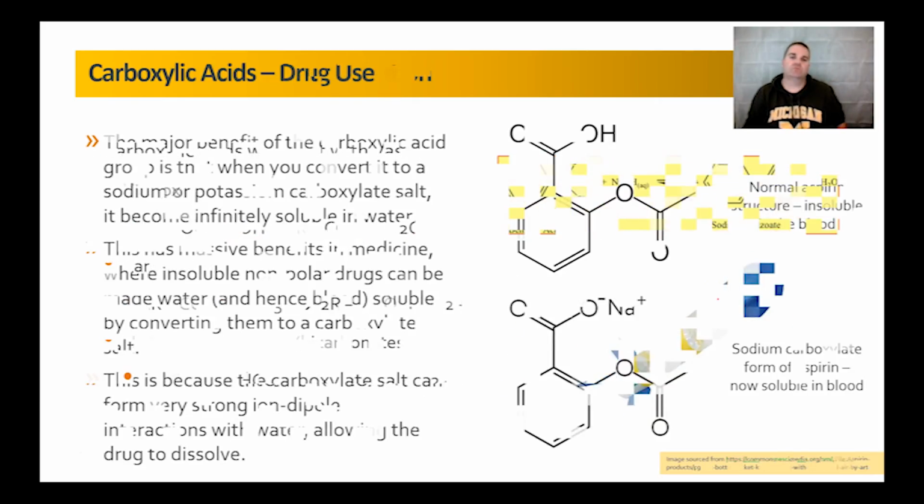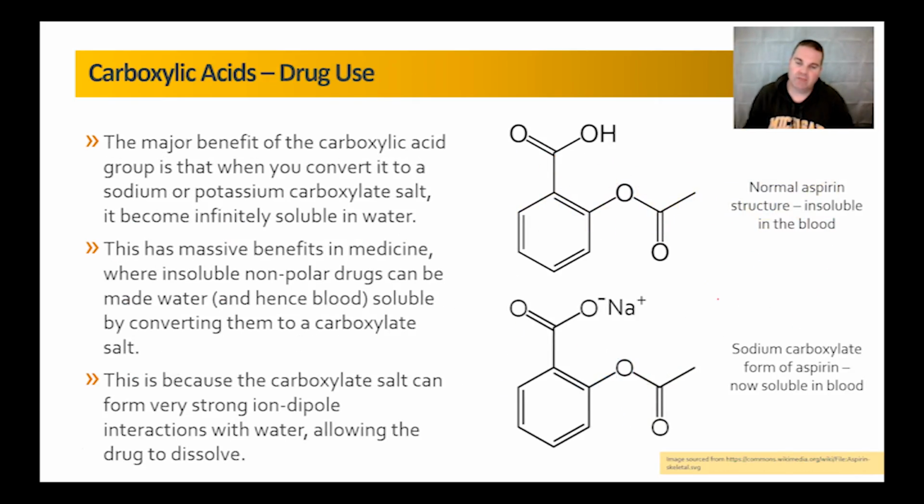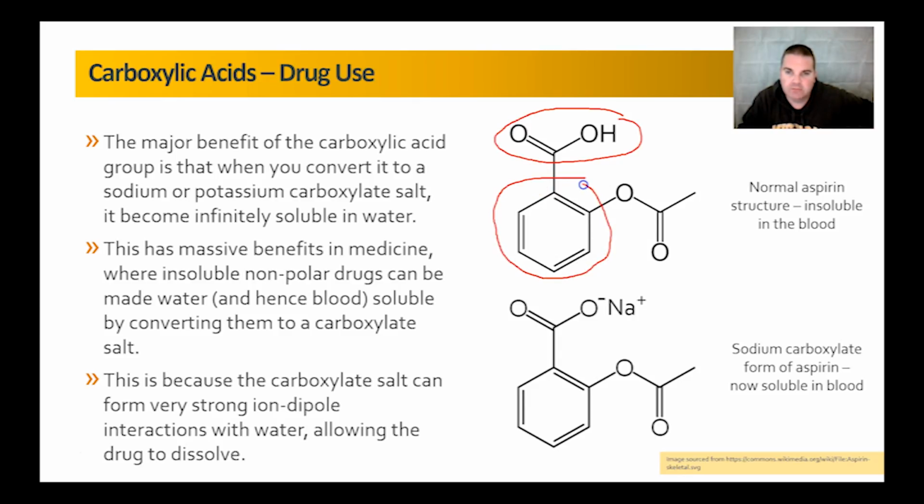Now that's really useful within drug chemistry, because when you have a really big organic molecule like this, there's a carboxylic acid group here which is polar, but then you've got a non-polar benzene ring here, and you've got an ester group in here as well. Now this is a very non-polar molecule, so that's insoluble. This is the structure of aspirin.